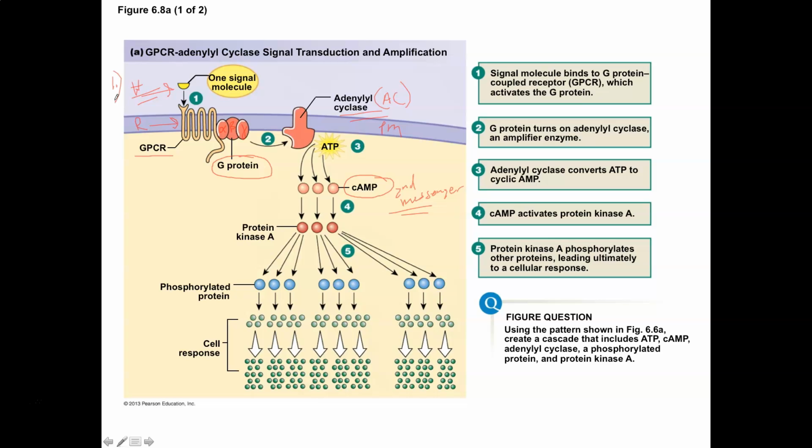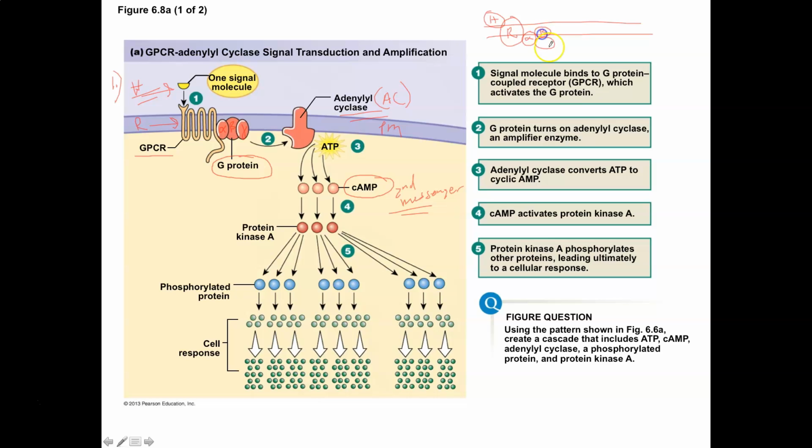We're going to get an alpha subunit and we're going to get a beta gamma subunit. So if we were to draw an alternate picture here, so we have our plasma membrane and we have our receptor and we have our hormone that has attached to the receptor, and then we have our G protein. So we've got the alpha and then we've got the beta gamma.